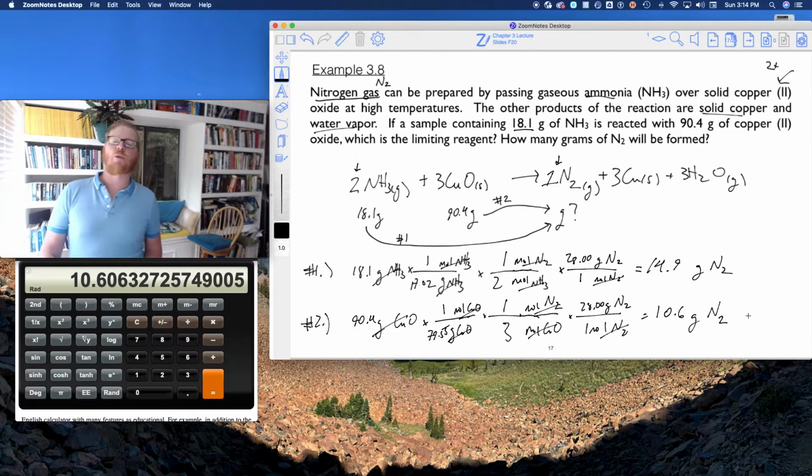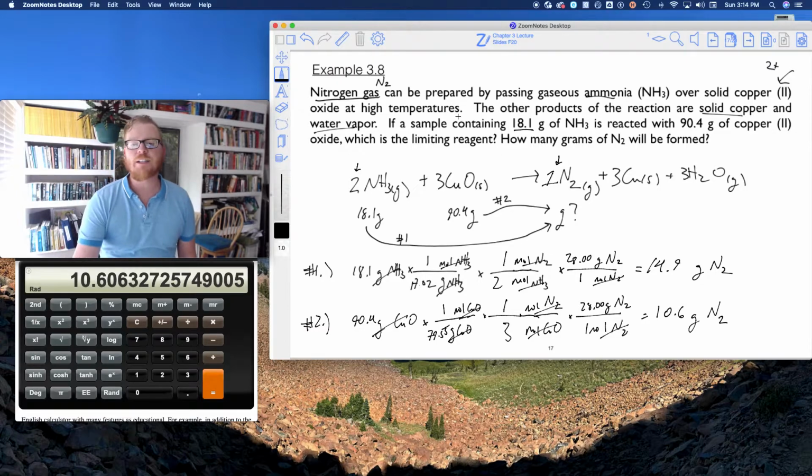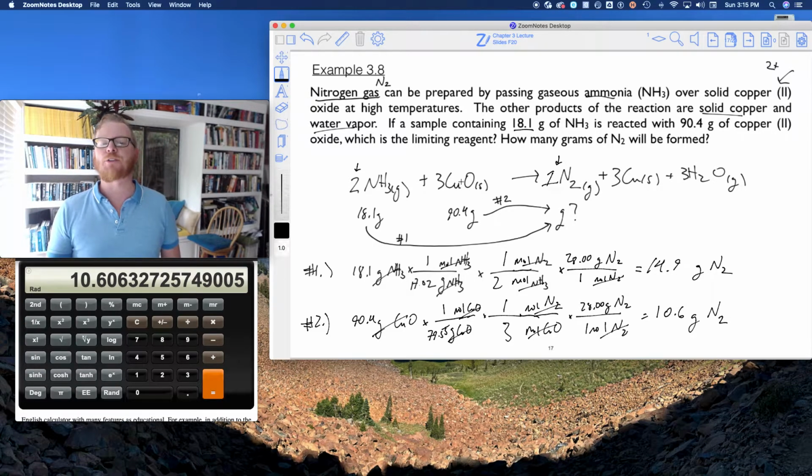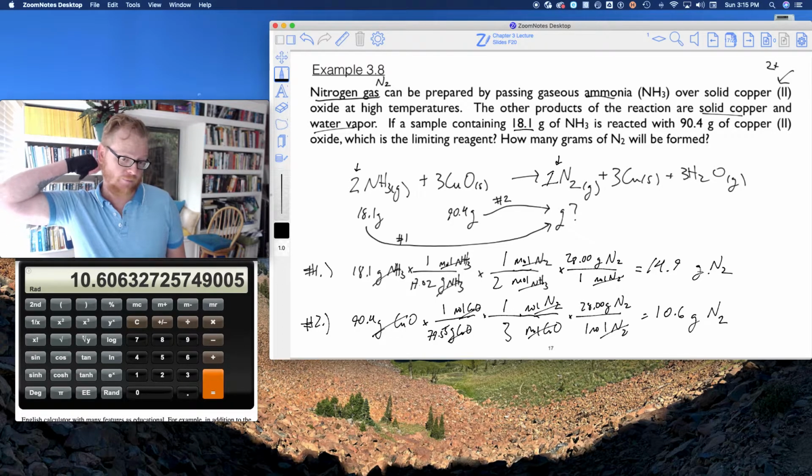Okay, so now let's compare those two. All right. If I started with 18.1 grams of ammonia, and I wasn't concerned with how much copper 2 oxide I had, I was only thinking about what I could make with my 18.1 grams of ammonia, I can make 14.9 grams of nitrogen with that amount.